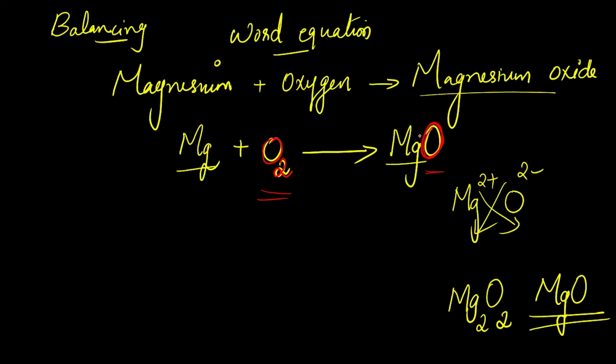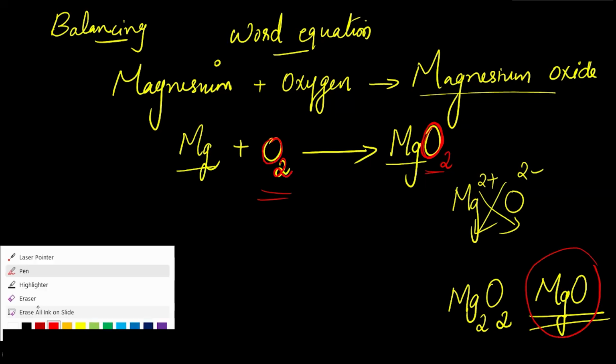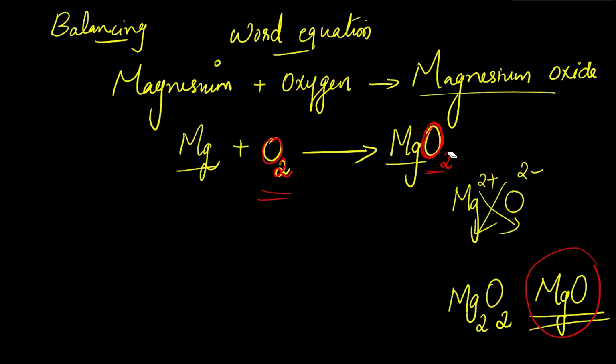What do you have to do? Just think, can you put a 2 here, MgO2? Can you put that? No, definitely not, right? Why? Because when you put MgO2 here, the magnesium oxide formula we have already found is MgO only. If you put a 2, it becomes another compound that does not exist, right? So you cannot put a 2 here.